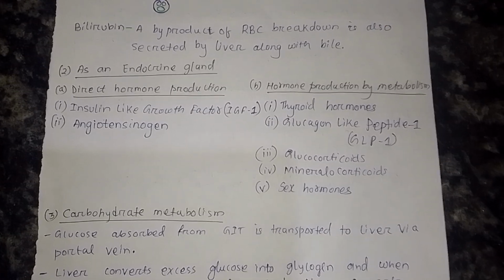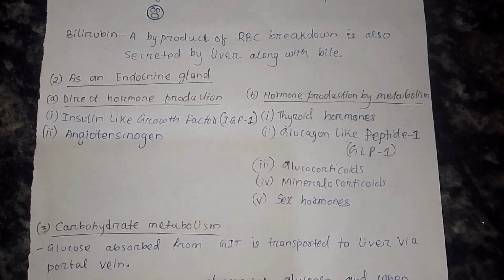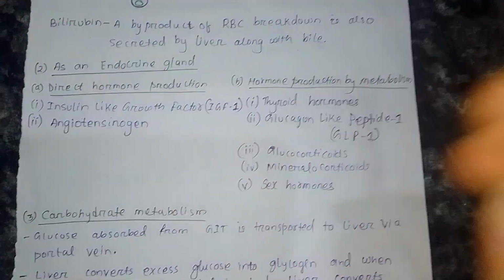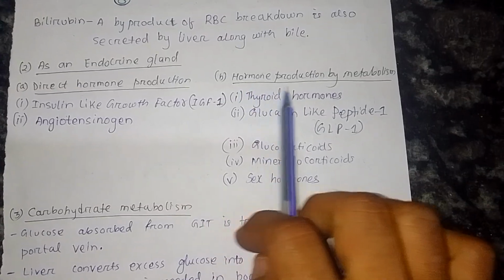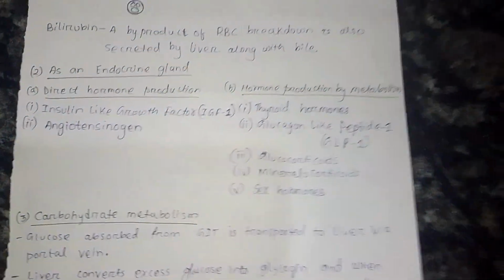Now let's see how liver acts as an endocrine gland. As we all know, endocrine glands secrete hormones. So liver can either secrete hormone directly, or it can produce hormone by some metabolism, catabolism or anabolism.